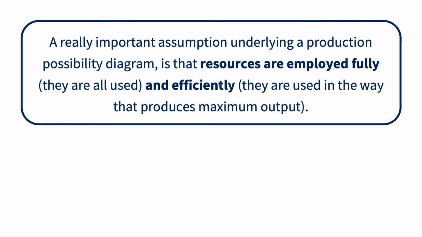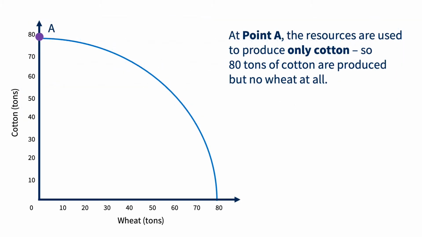Now let's take a look at some production possibility diagrams in action. Looking at this production possibility diagram, at point A, the resources are used to produce only cotton. So 80 tonnes of cotton are produced, but no wheat at all. How do we know that 80 tonnes of cotton are produced at point A? Well, as cotton is on the vertical axis, we look at the position of point A on the vertical axis, which is at 80 tonnes.